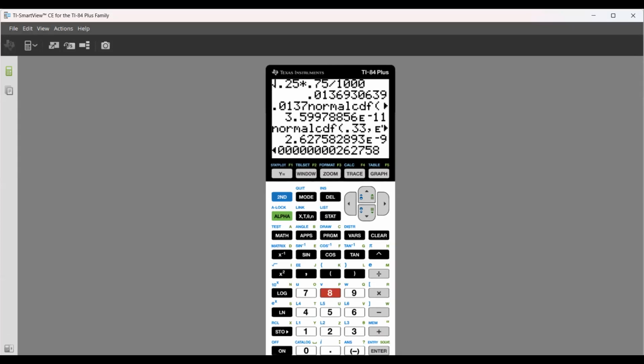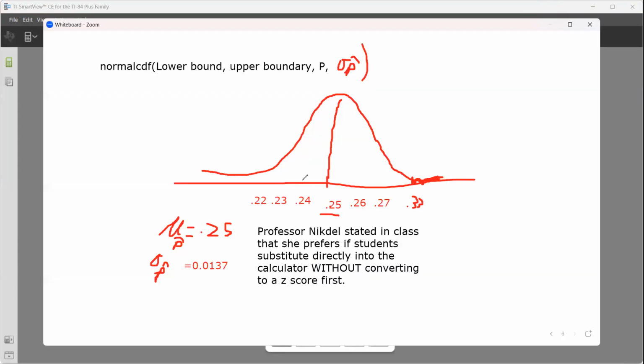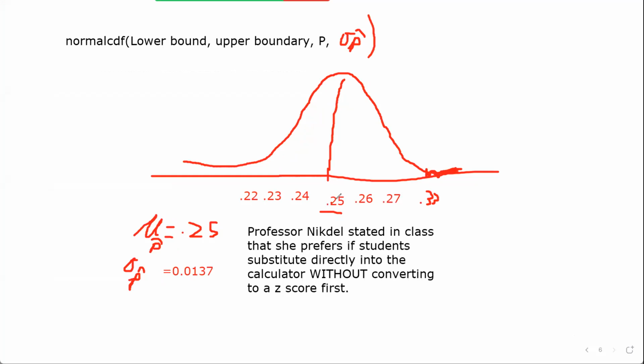Before you say, well, how is that possible? If you look at the distribution, let me show you something. Your mean is 0.25. Your standard deviation is 0.01. You're 8 standard deviations away from the mean.